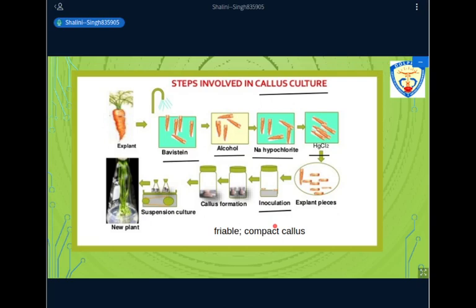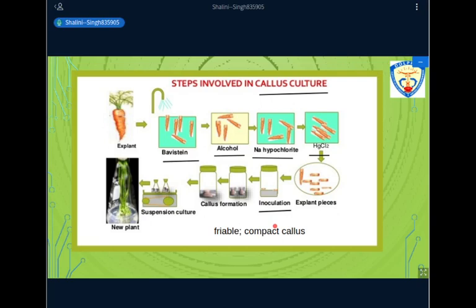If you are keeping a callus in light conditions, with sufficient white light, then your callus will be greenish in color. And if the plant from which you are doing your callus culture produces specific pigments like anthocyanins or some other pigments, then your callus may have some pigments also.